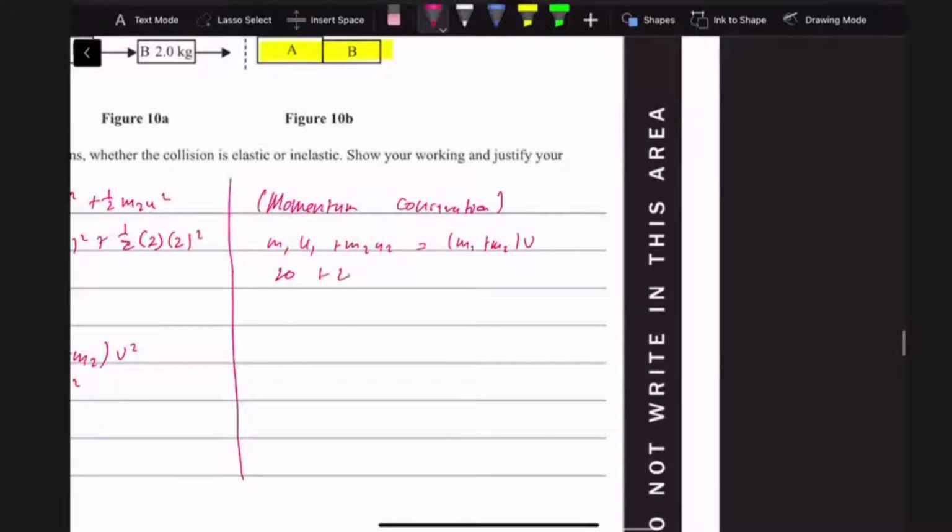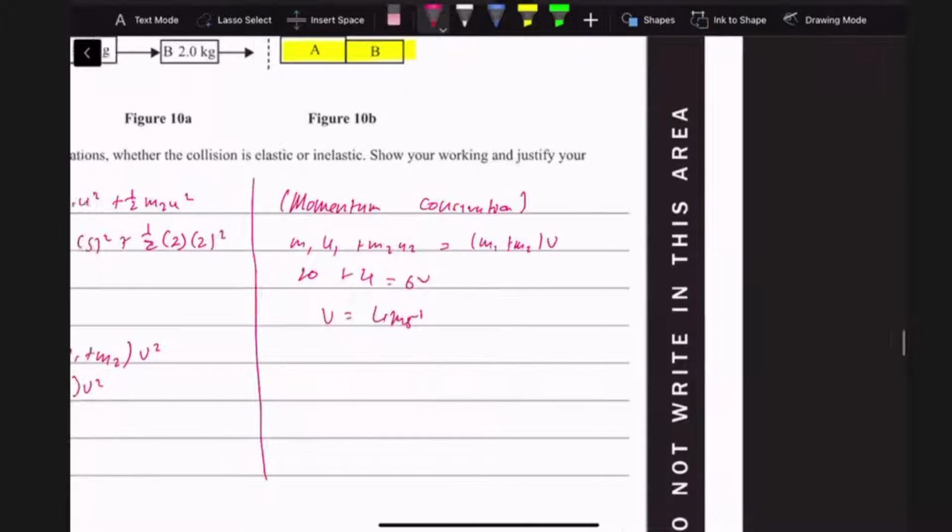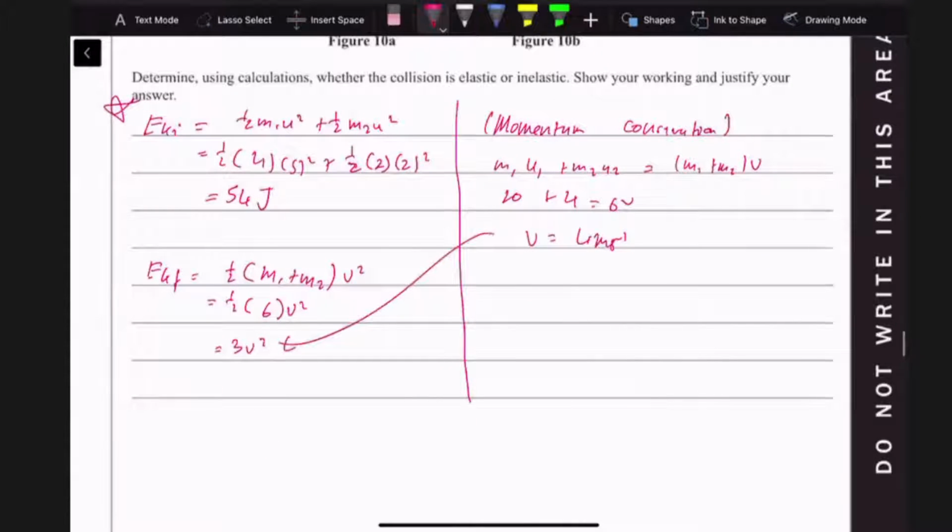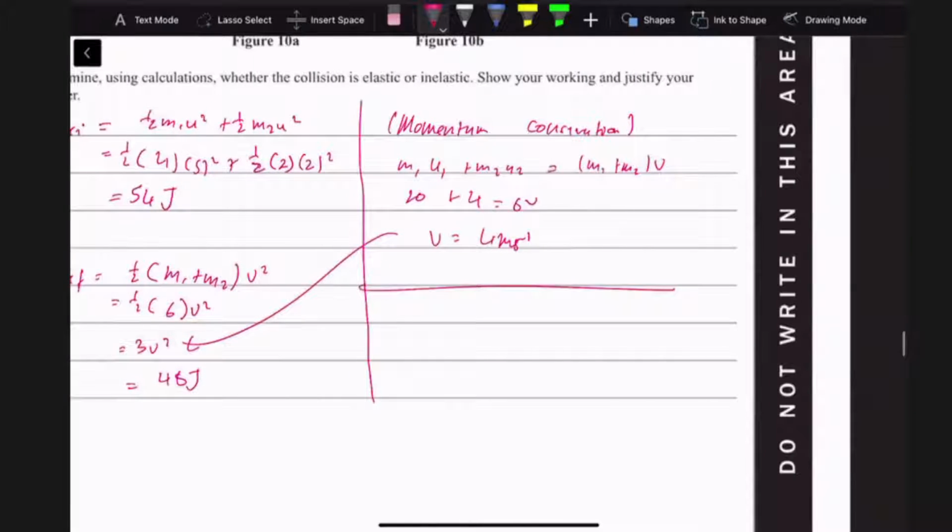So 20 plus 4 is 6v, and then v is just 4. And then you sub that into here, and then you get 48 joules. So then you have to say inelastic, because the initial kinetic energy is not the same as the final.